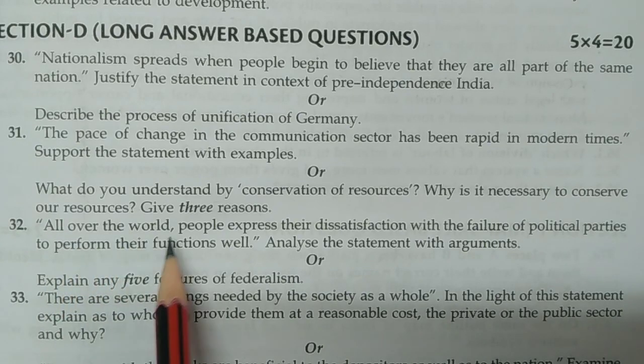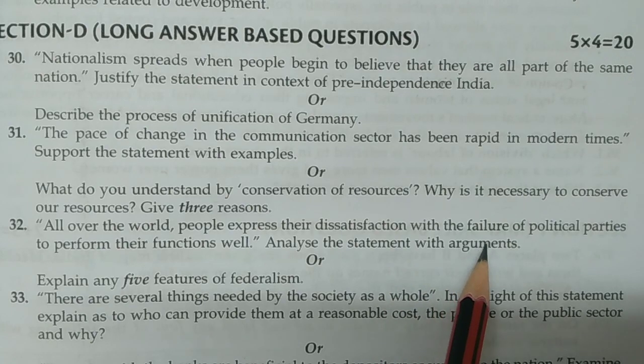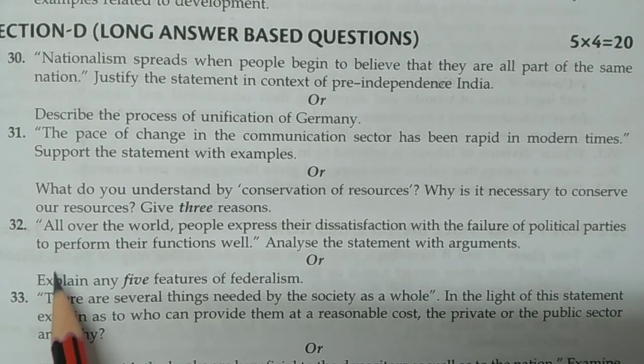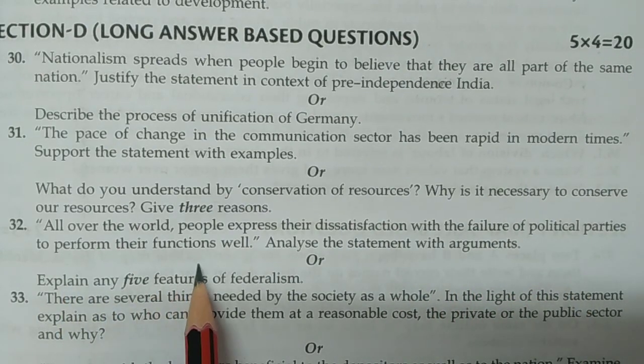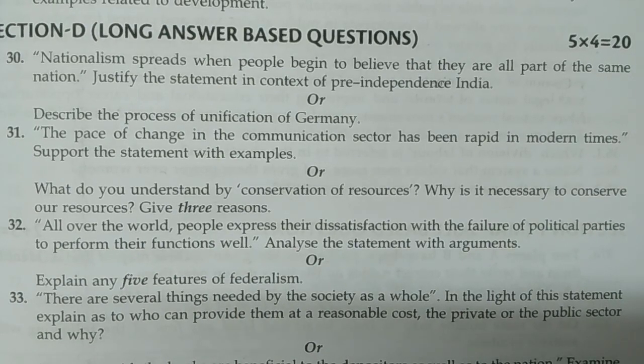All over the world, people express their dissatisfaction with the failure of political parties to perform their functions well. Analyze the statement with arguments, or explain any 5 features of federalism. Now 33 is given. You can see here properly.